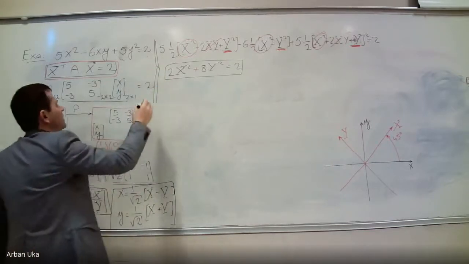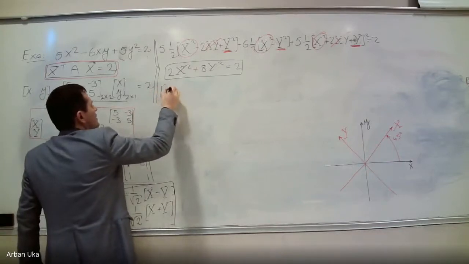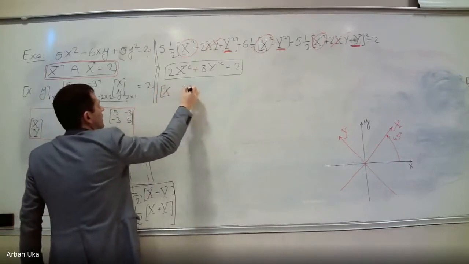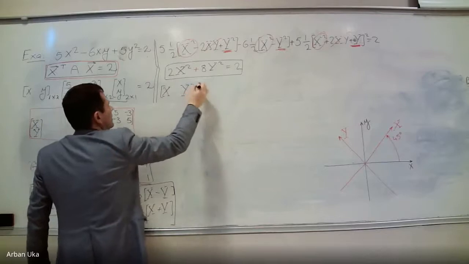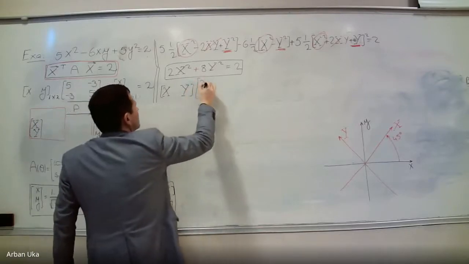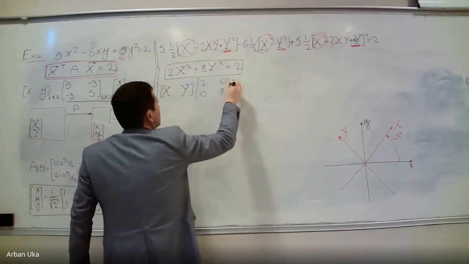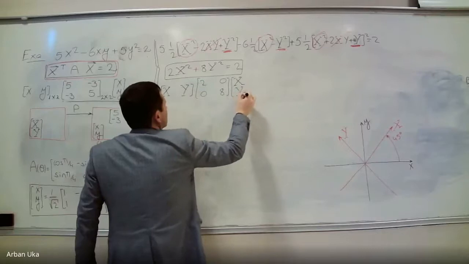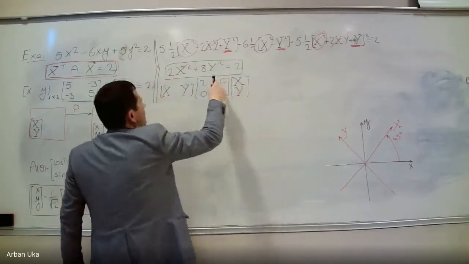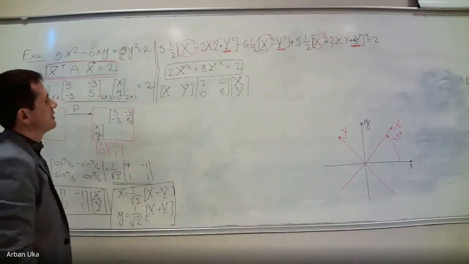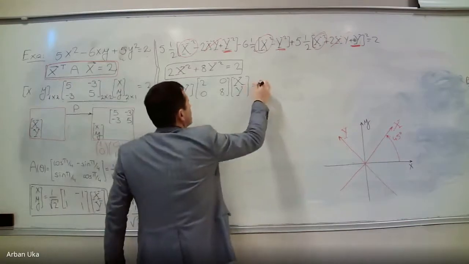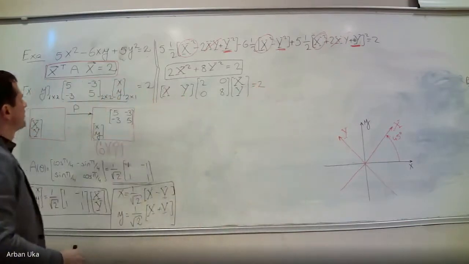It can be written as capital X, capital Y, times the matrix which is 2, 0, 0, 8. Or 1, 0, 0, 4. That is true, but then we would divide the 2 by 1, right? So this would be equal to 1. But for the moment, this is like this.